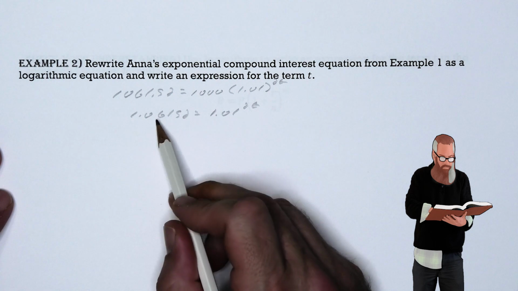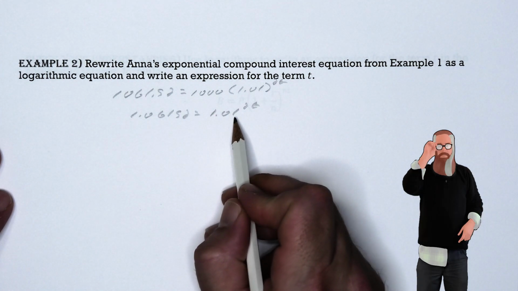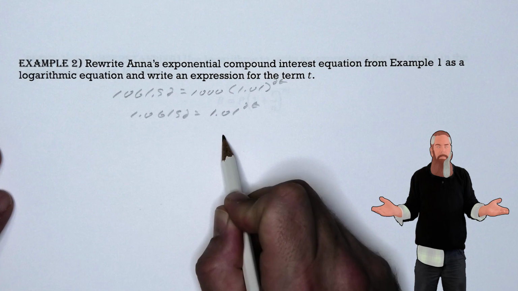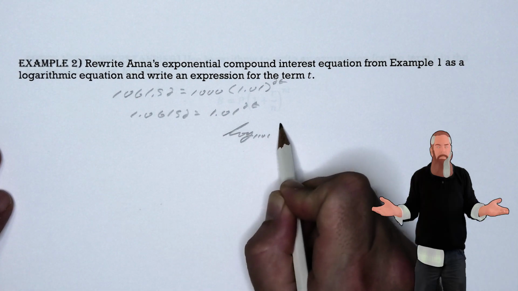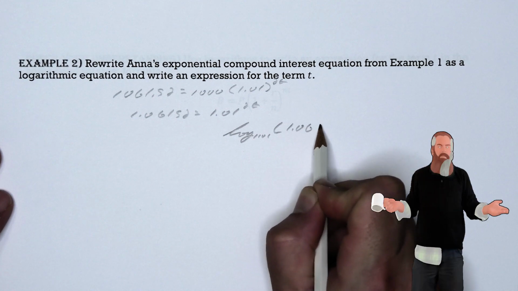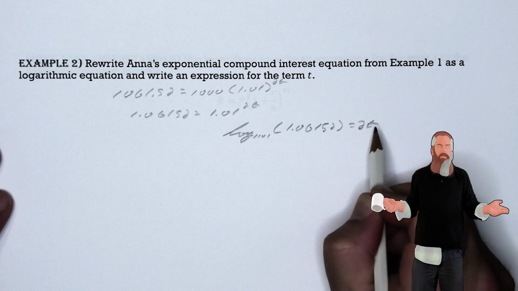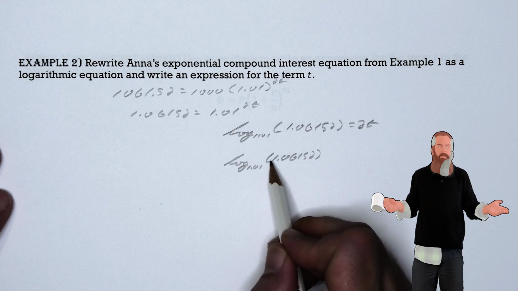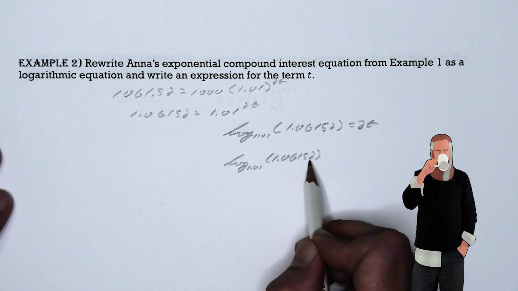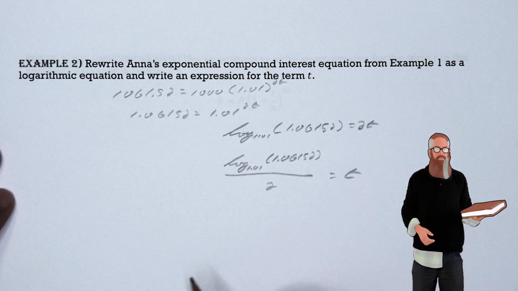This is going to give us 1.06151 is equal to 1.01 to the 2t power. This means that log base 1.01 of 1.06151 would be equal to 2t, and that log base 1.01 of 1.06151 divided by 2 would be equal to t.